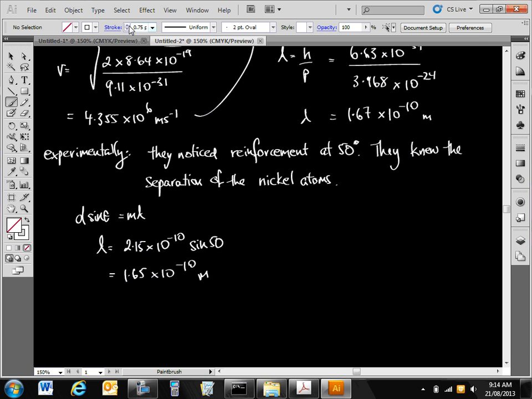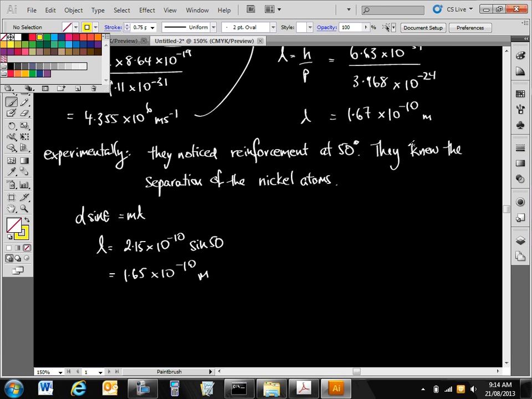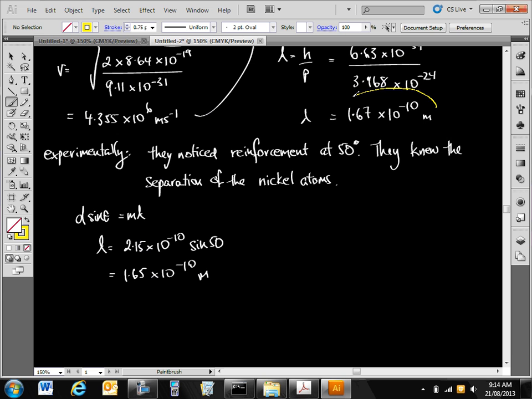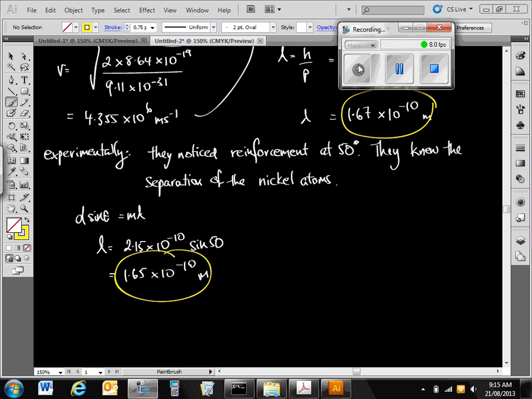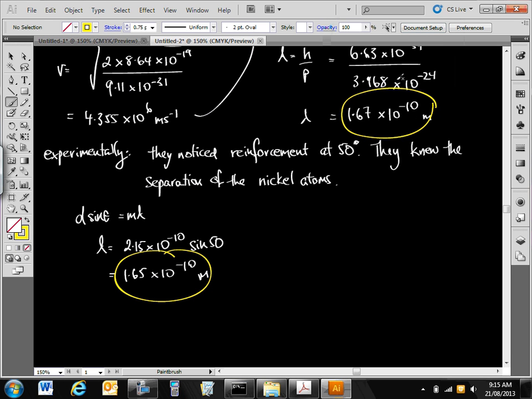Have a look at this number here, and look at this number here. So these two numbers, this is the theoretical evidence for the wavelength of an electron, and this is the experimental evidence.